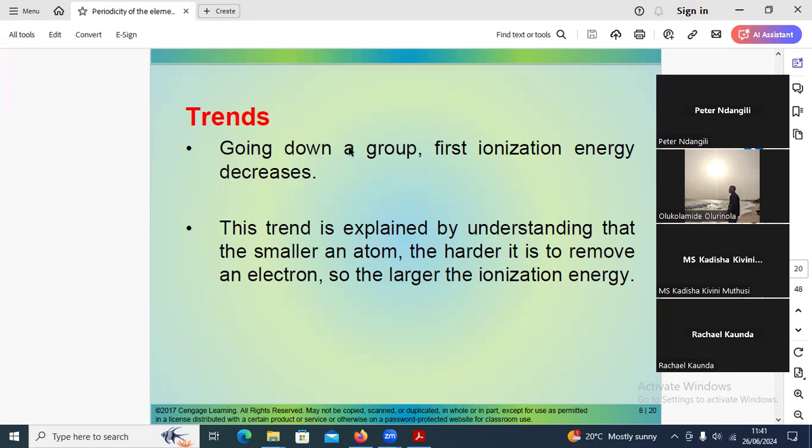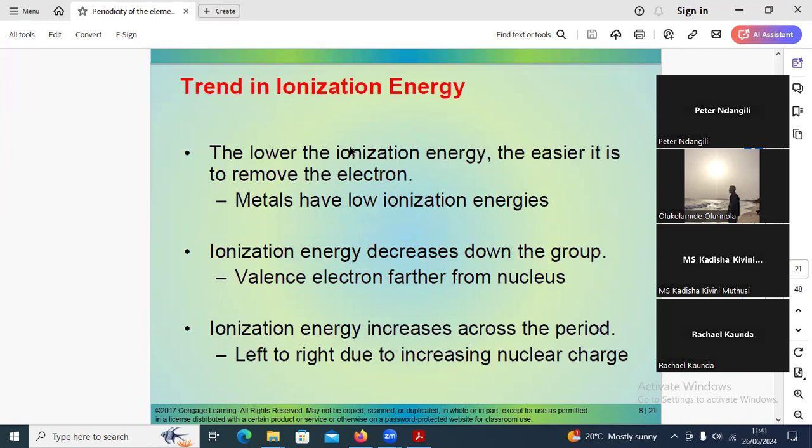So as you go down a group, the first ionization energy is going to decrease. The lower the ionization energy, the easier it is for us to remove an electron from that particular atom. And this explains why it is easy for us to remove electrons from metals.